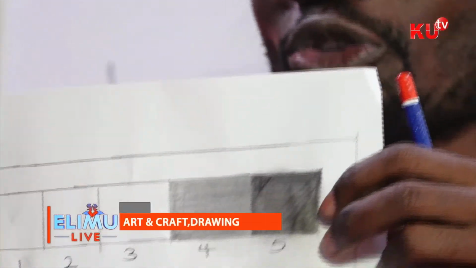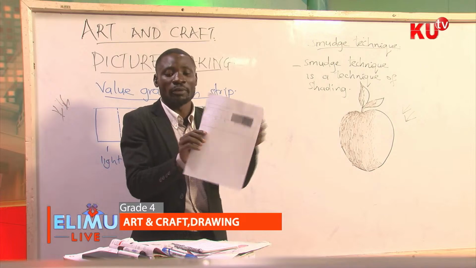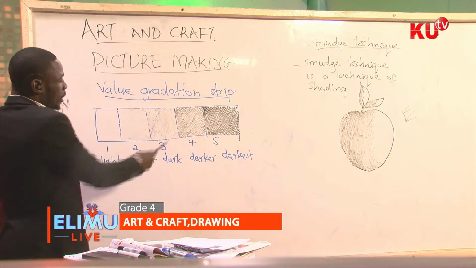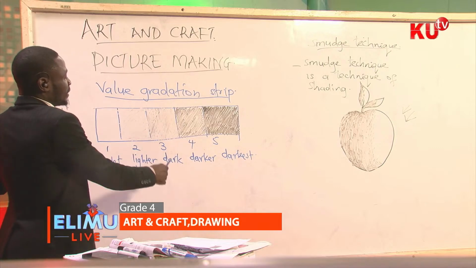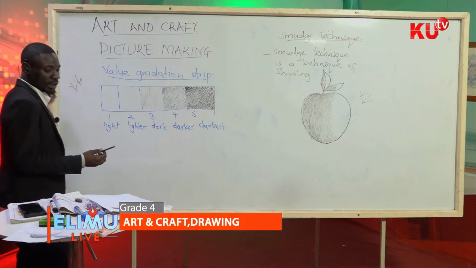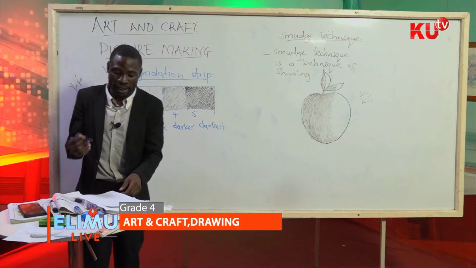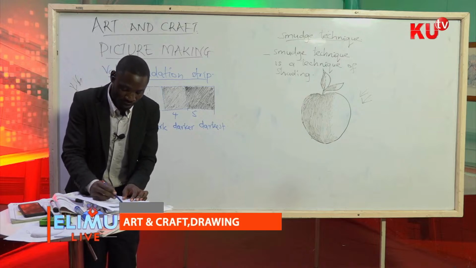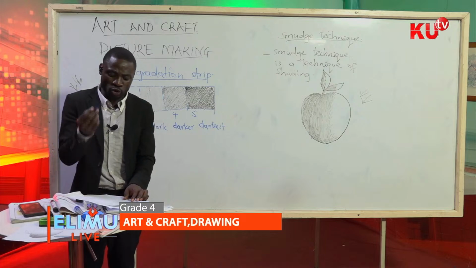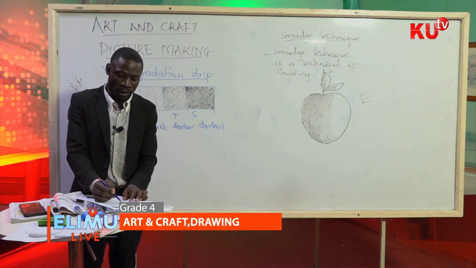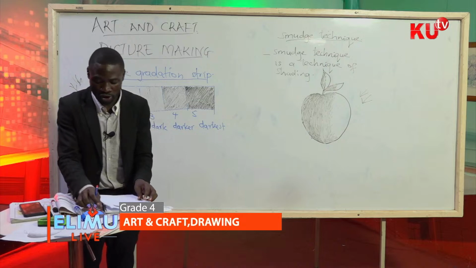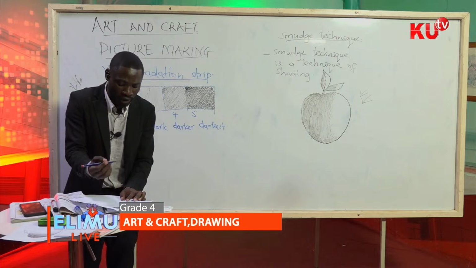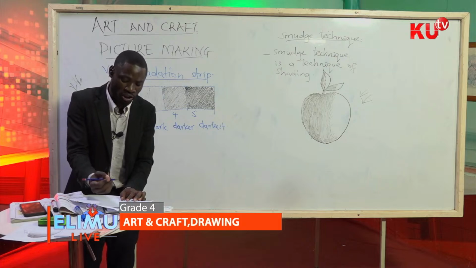So I want us to move to the next box, which is the third box on our board here. How are we going to come up with this form? We are shading again, but this time we are not going to press the pencil hard.